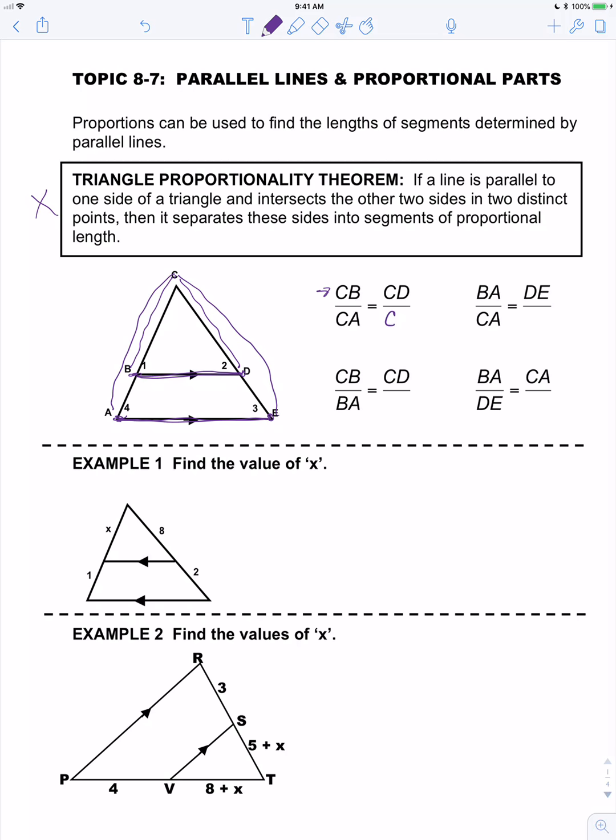So let's fill that in. Okay, and so we're going to learn all these sides are proportional to each other.